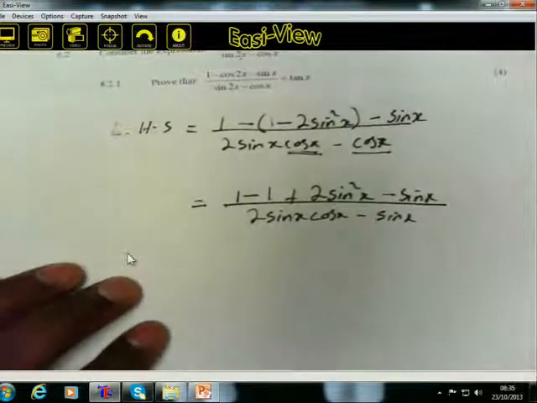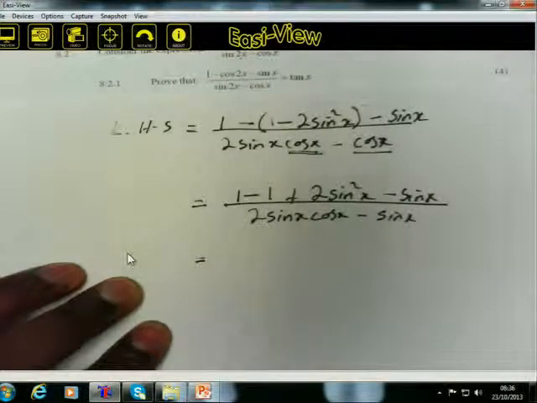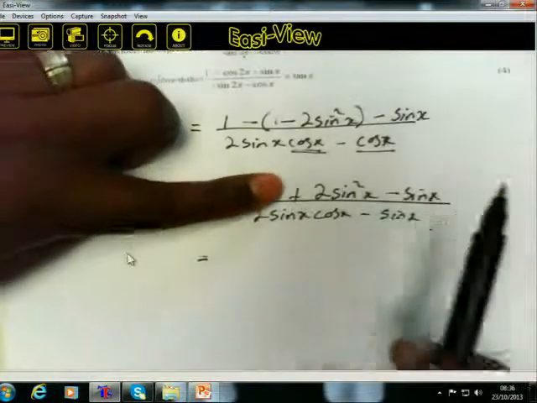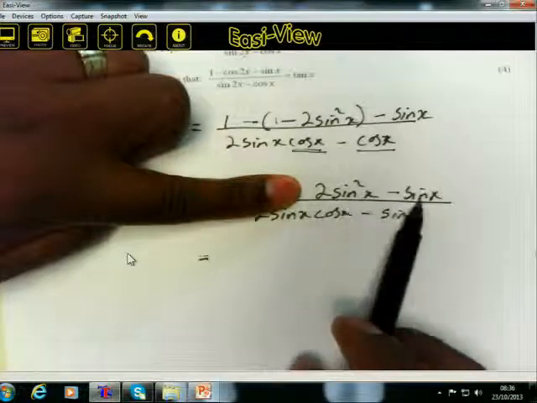Let's simplify further. 1 minus 1 is 0, so that is gone. What are we left with? 2 sine squared x minus sine x.